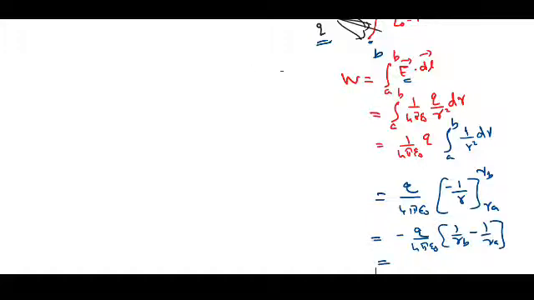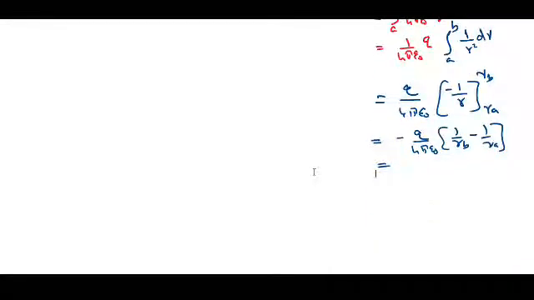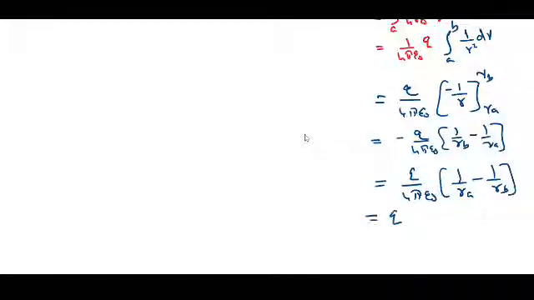If I take the minus sign inside, this will be q by 4 pi epsilon 0 into 1 by ra minus 1 by rb. If I take the q inside, then it is 1 by 4 pi epsilon 0 q by ra minus 1 by 4 pi epsilon 0 q by rb.